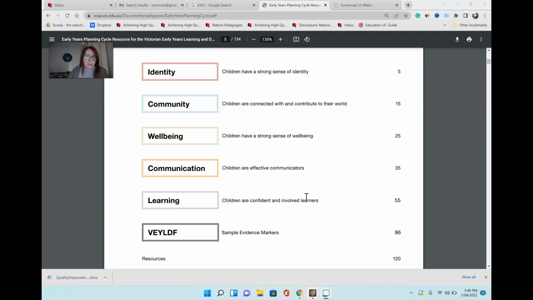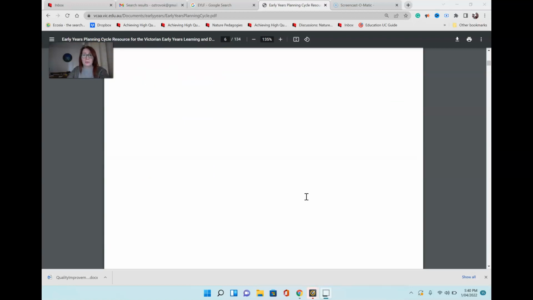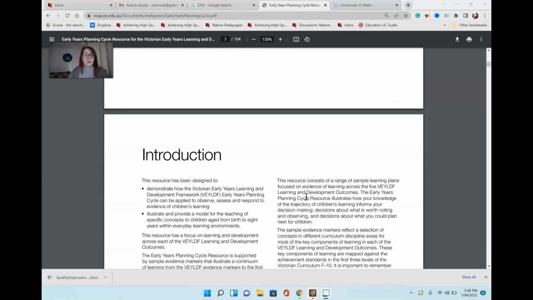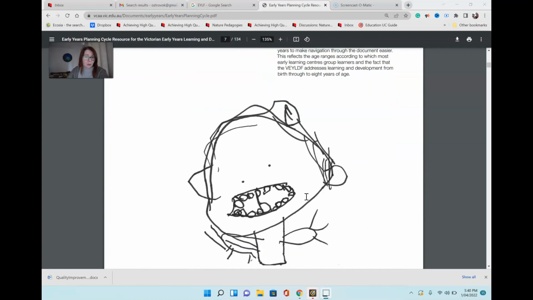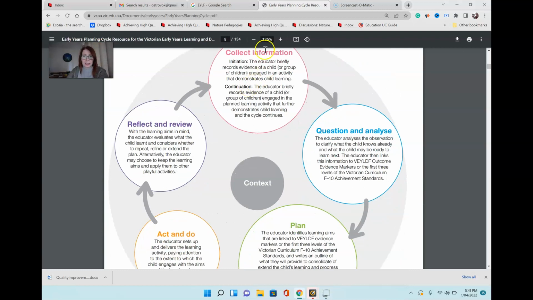But quite often this connection is not very good, or it's random. So let's have a look at how this resource demonstrates the importance of using this professional document, in our case the Victorian framework, and this planning cycle.